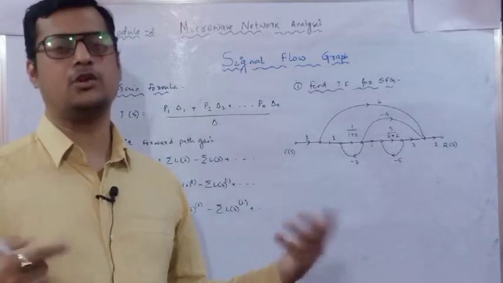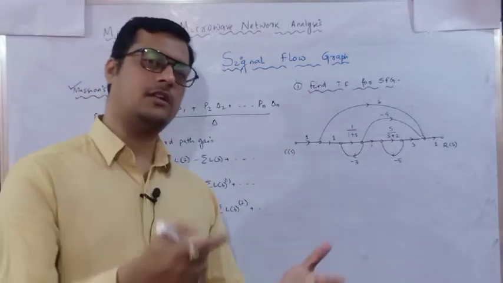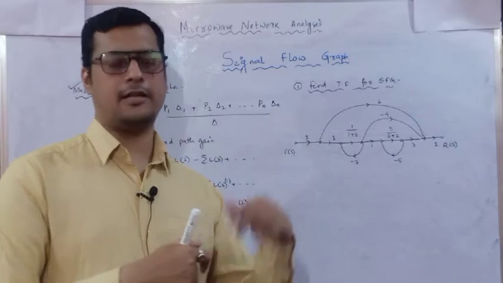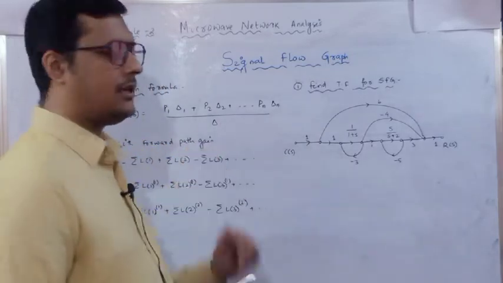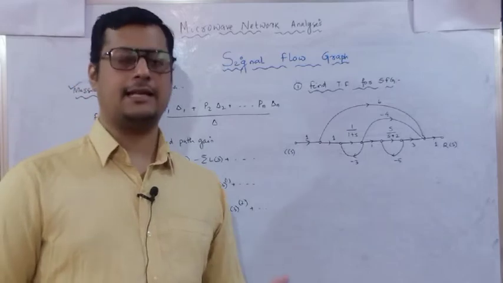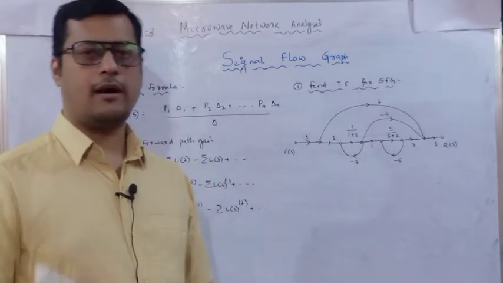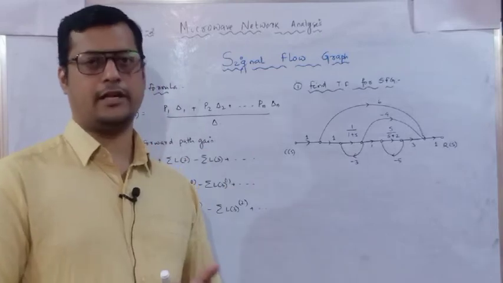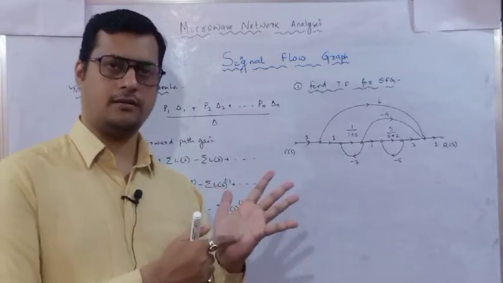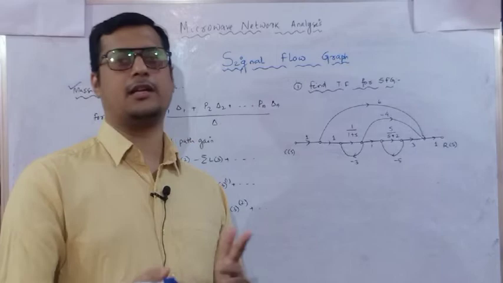How many non-touching loops are there, and how they are not connected to that particular path, with respect to that we are calculating del 1. Similarly, del means 1 minus the summation of individual loops. Individual loops means loop 1, loop 2, loop 3, loop 4.